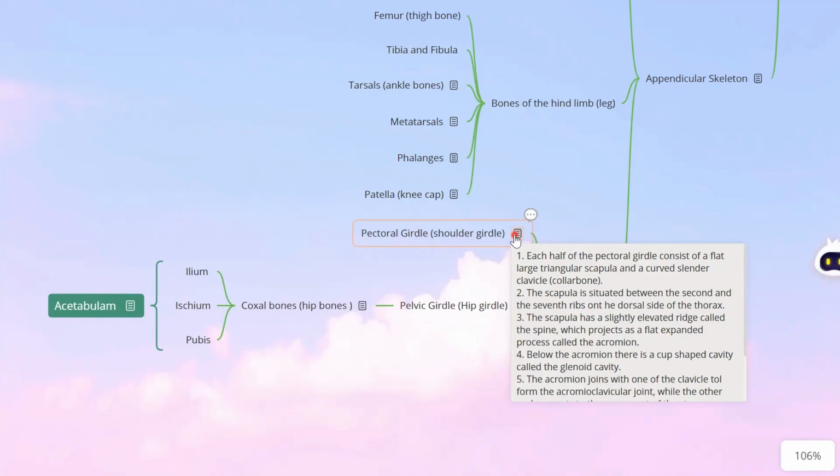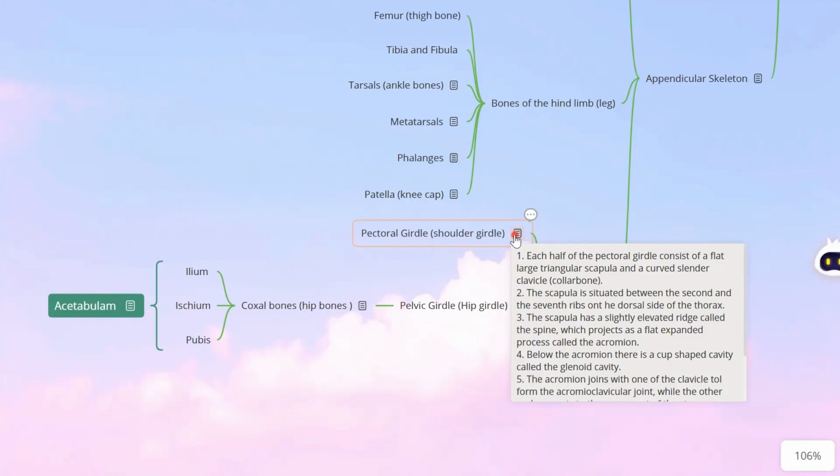Now, the scapula is situated between the second and the seventh ribs on the dorsal side of the thorax. Then the scapula has a slightly elevated ridge called the spine, which projects as a flat expanded process called the acromion.